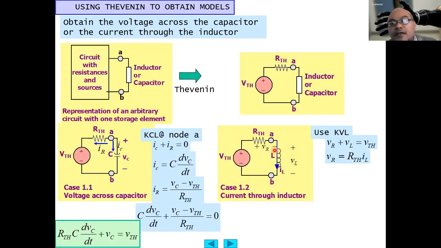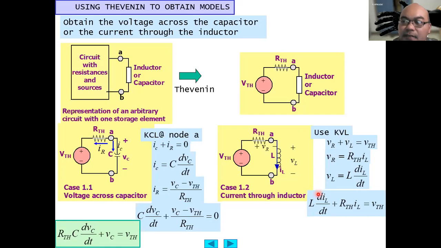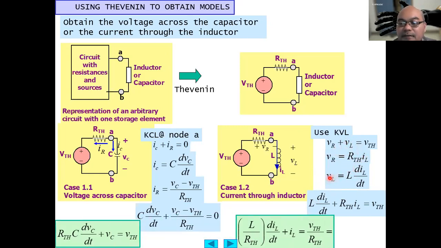VR equals RTH times IL, the inductor current, the current flowing through, because it is basically in series. And VL equals L dIL/dt. So the KVL we can express using the differential form of the inductor law: L dIL/dt plus RTH IL equals VTH.